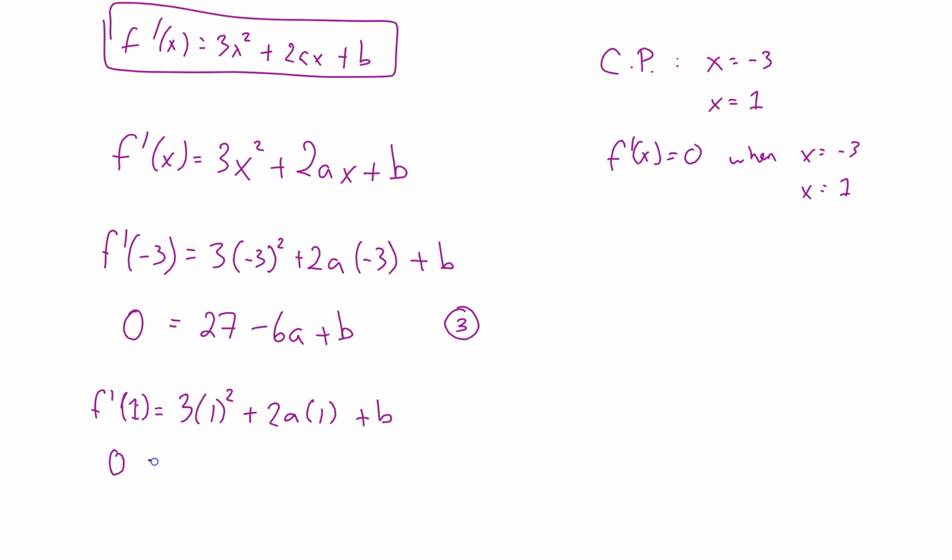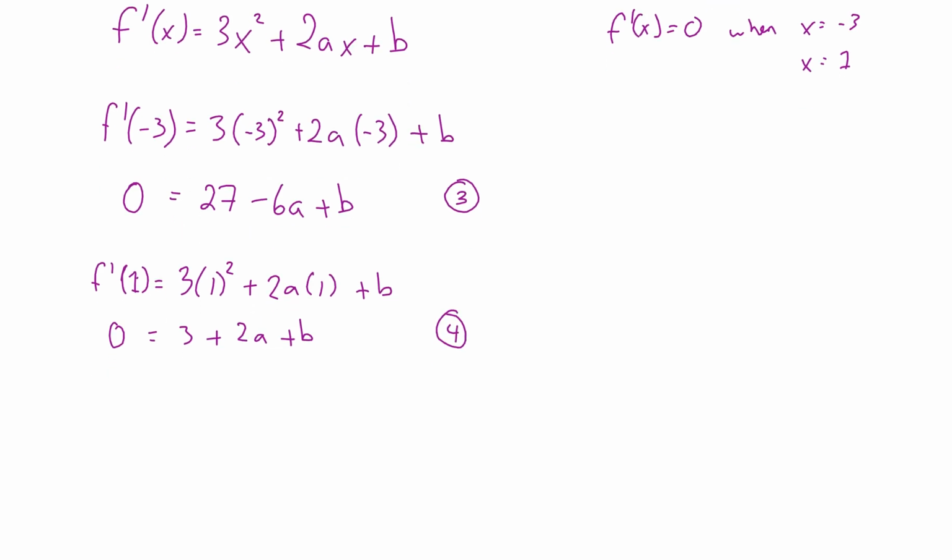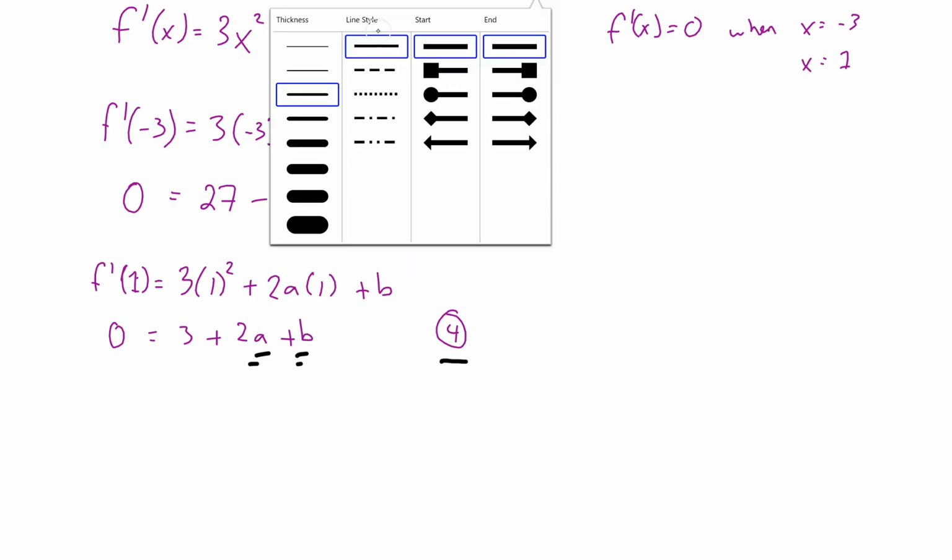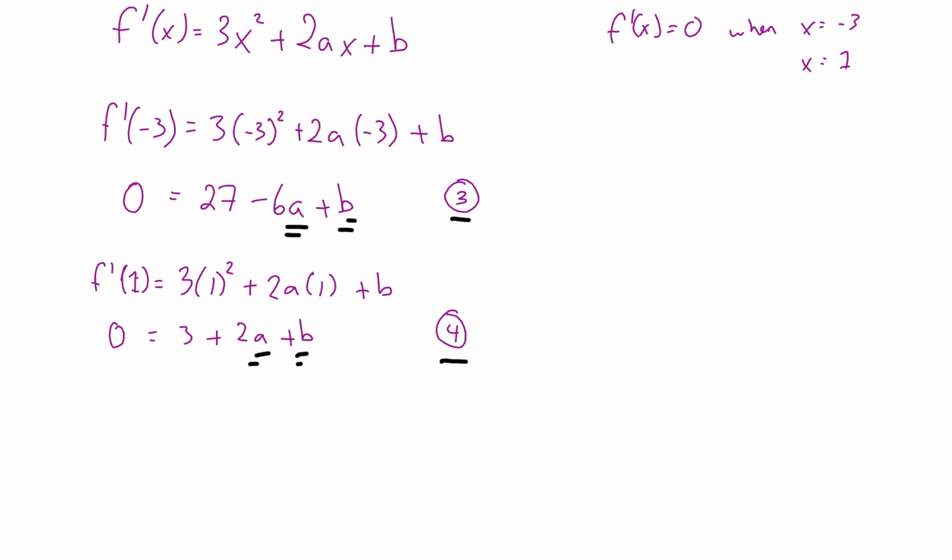We know that's equal to 0, so we have 3 plus 2a plus b, and that'll be our equation number 4. All right, so now we have two equations with the f primes and two unknowns. So we have our a and b here, and we have our a and b here, so we have two equations. So now we can create a system of equations to solve.